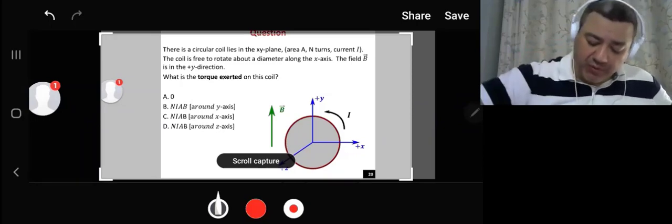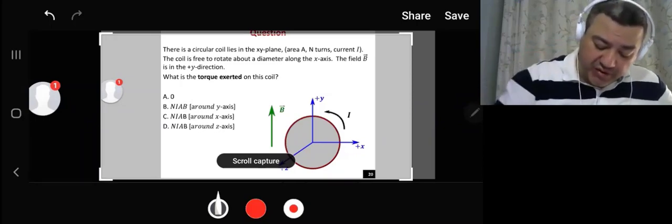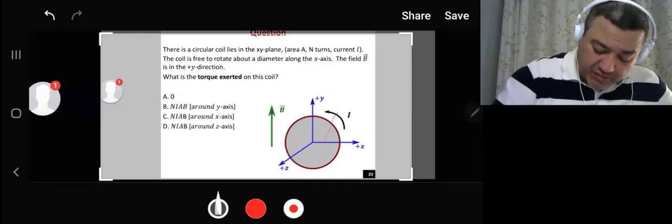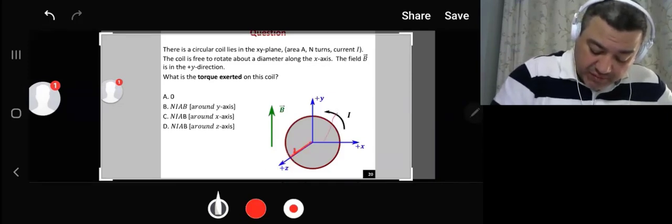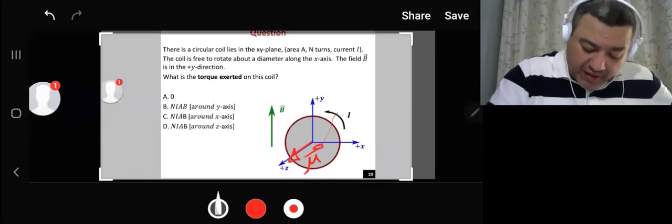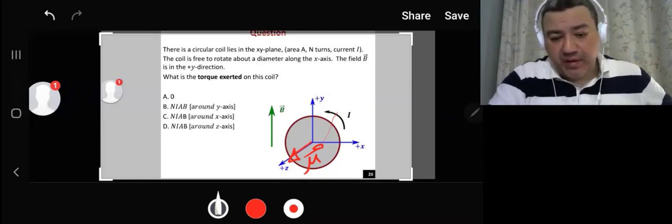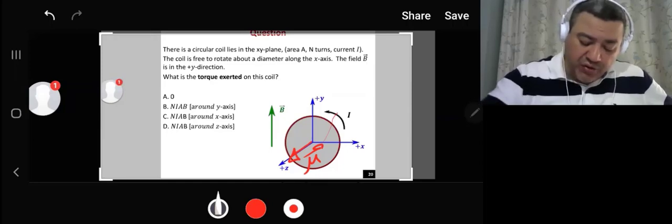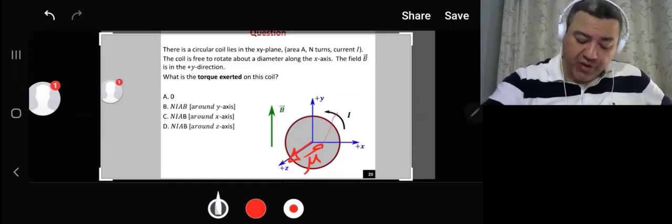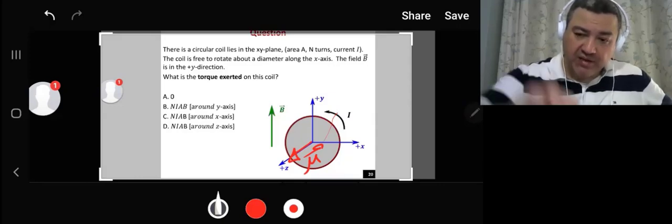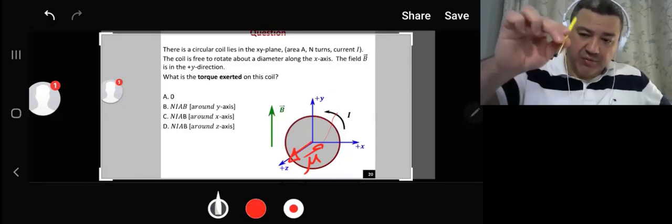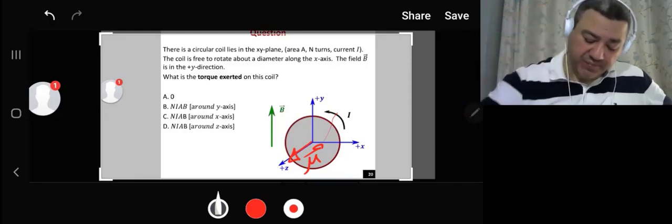The magnetic dipole moment will be in the direction of the z, and I have the magnetic field in the direction of positive y. Then the torque will rotate this loop along the x-axis such that the magnetic dipole moment is aligning with the magnetic field.